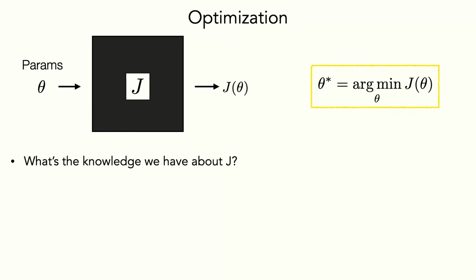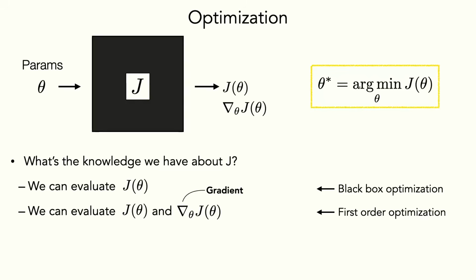So what's the knowledge that we have about J? Well, first, we know that we can actually evaluate J of theta for any given theta. So this is something that we can actually evaluate, right? You can calculate the loss over a training data set or a test data set. We also know that we can evaluate the gradient of J at theta. This is first order optimization.